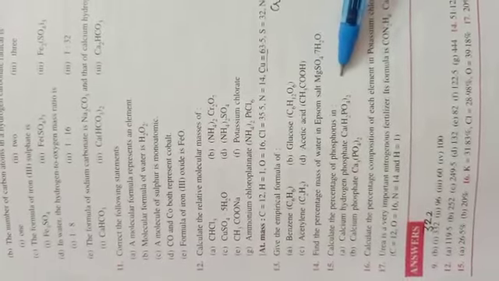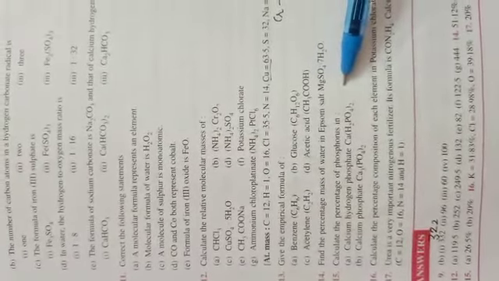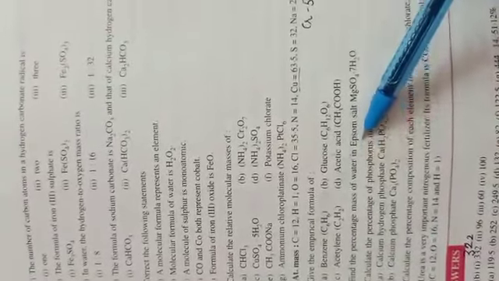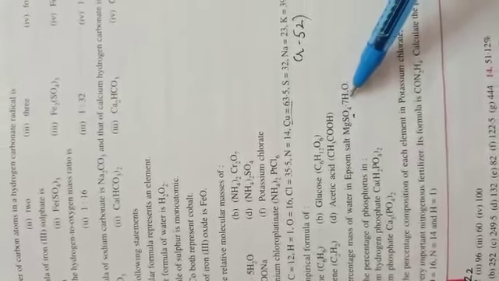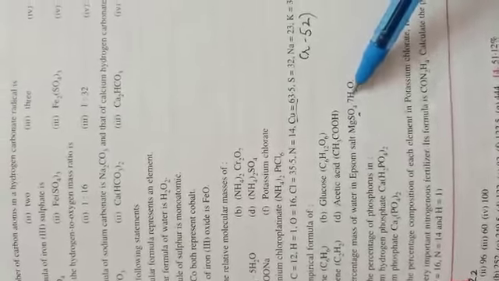Now let's learn how we can calculate the percentage of a compound. It is at page number 20. 14th numerical. Find the percentage mass of water in Epsom salt, and the formula of Epsom salt is MgSO4·7H2O, 7 molecules of water.